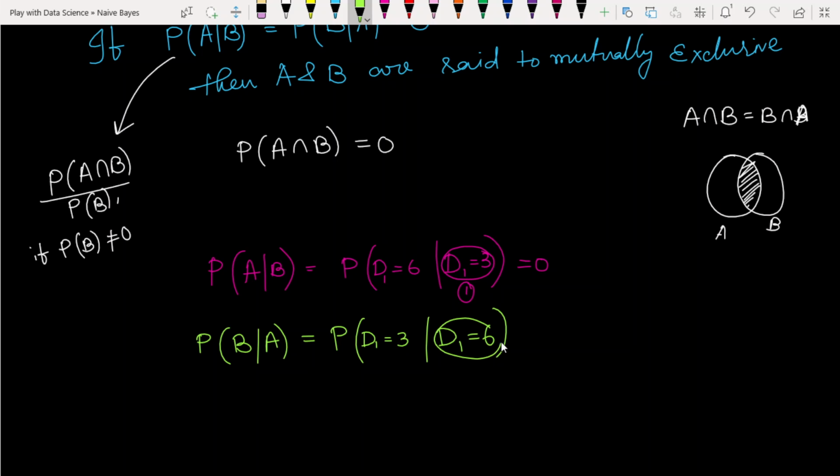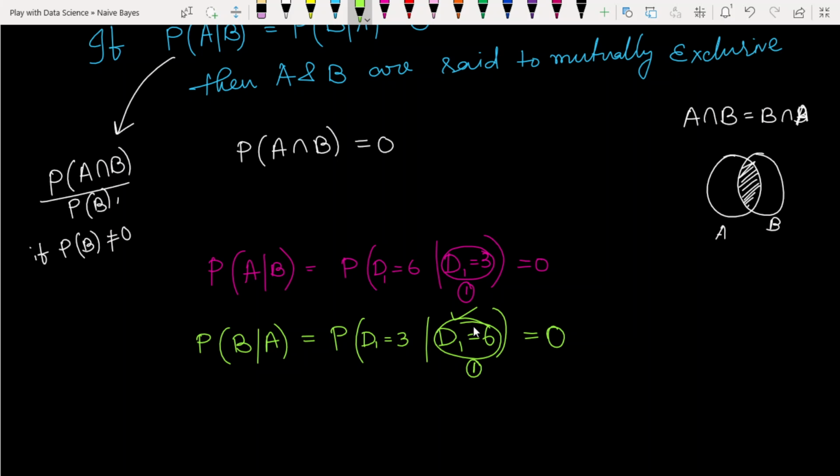Because we have already got 6, we cannot expect the same die in the same experiment to give 3. In another experiment it can give this value, but in this experiment we cannot expect 3, because we already got 6. So this probability will be 0.